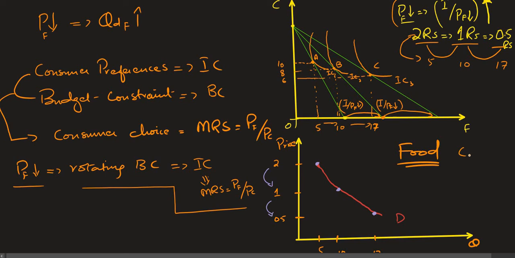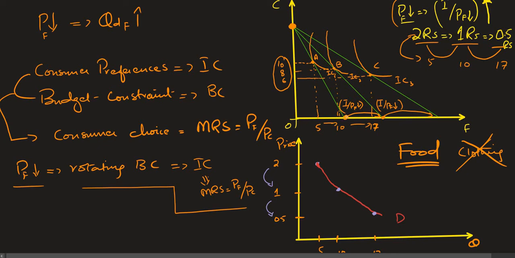We are not discussing clothing here, no discussion of clothing, because the prices of clothing are fixed. When the prices are fixed, we are not interested in looking at the relationship of prices with the quantity, so we are not paying attention to that at all.